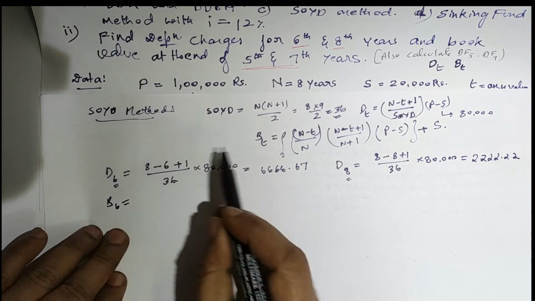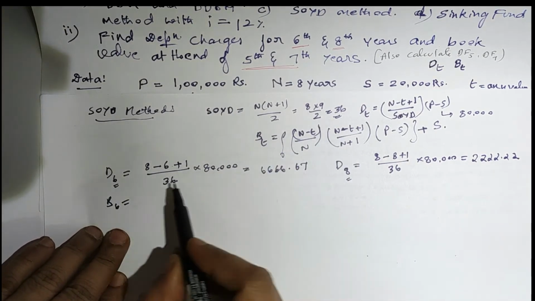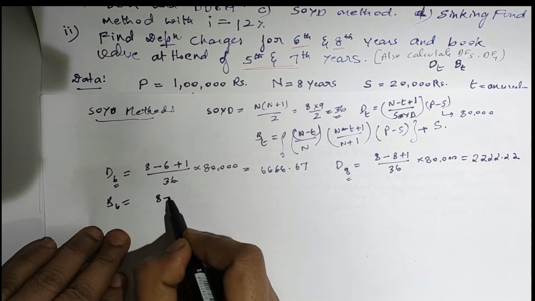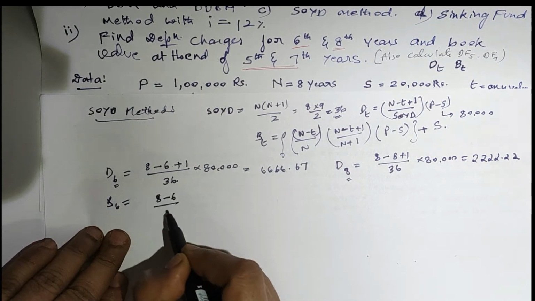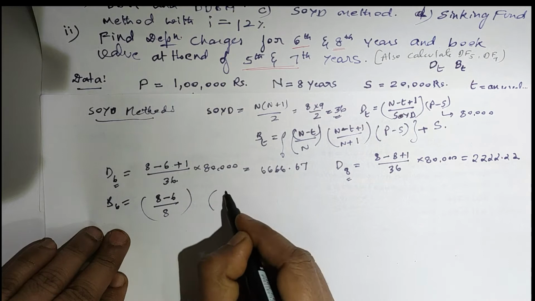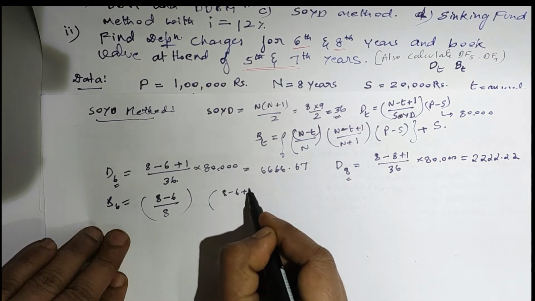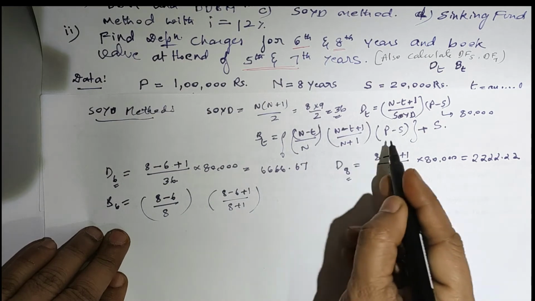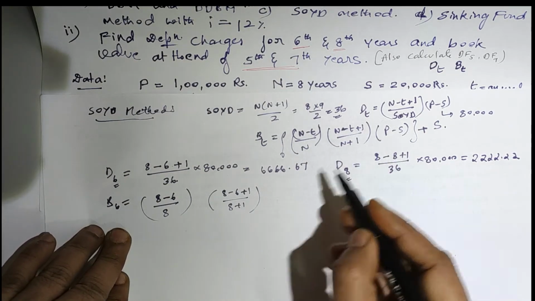B6 is equal to, this is a bit lengthy, n minus t, n is 8, t is 6, divided by 8 minus 6 plus 1, simply you add 1. But remembering this becomes easier, so remember in this way only.